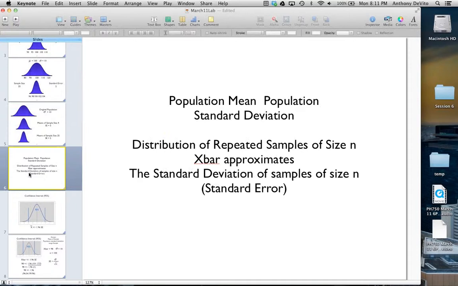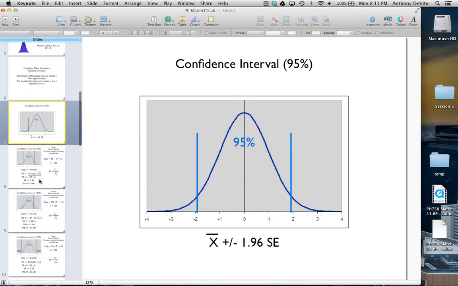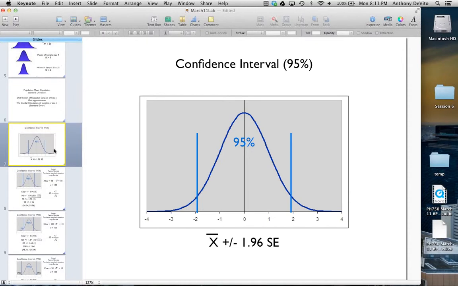Okay, so we're going to put this to work so that it can do something for us. One of the things that we're interested in is, let's say we take a single sample and we find that single sample gives us a result that we call x bar, the mean for the sample.